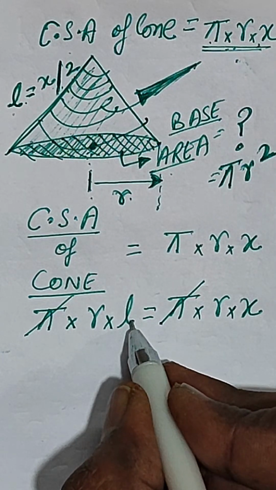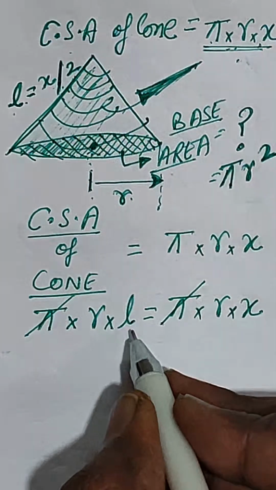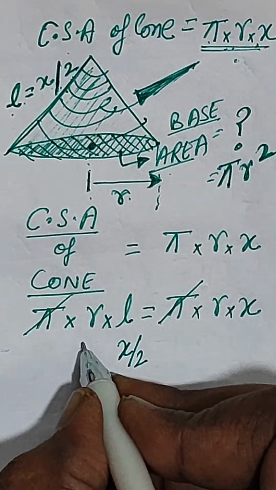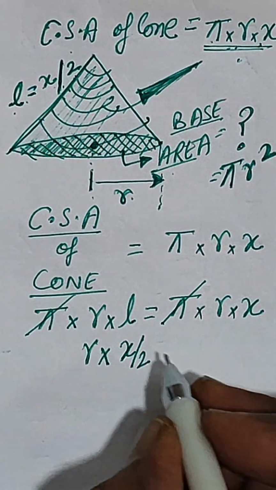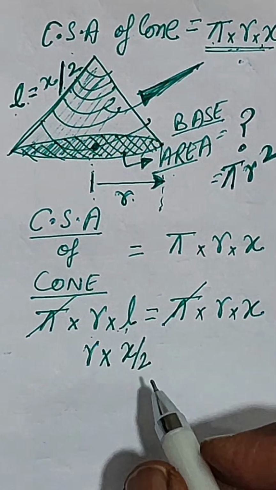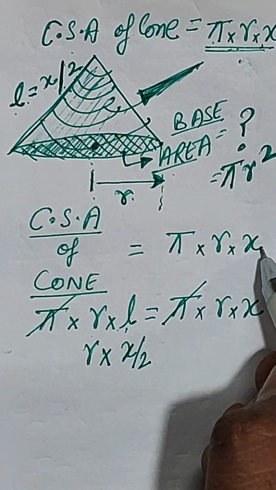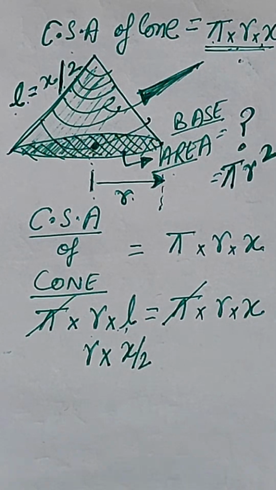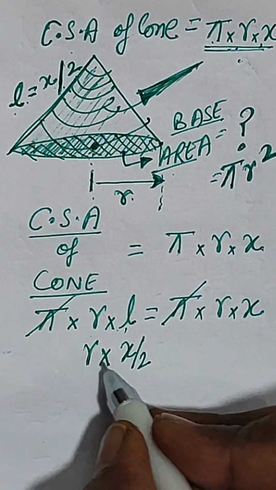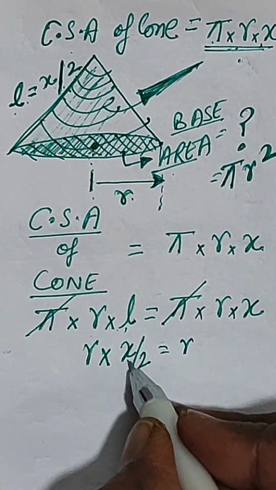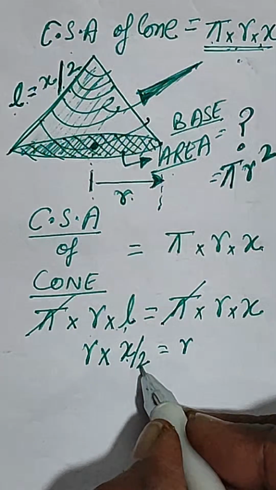So the value of L is equal to x by 2, right? r into L. The curved surface area of a cone of slant height x by 2 is pi r x, and the area of its base is asked. So r into x by 2, L is x by 2, right?